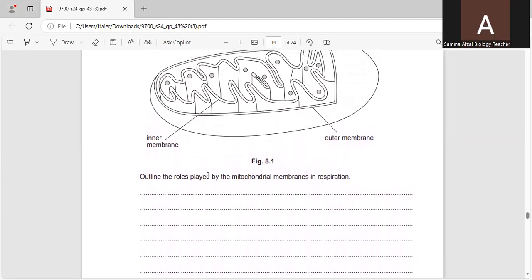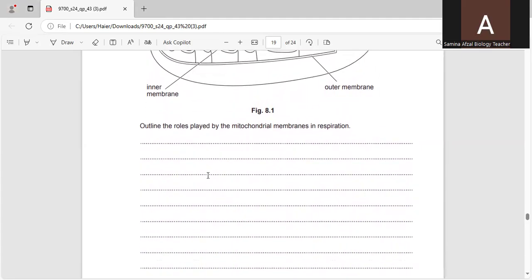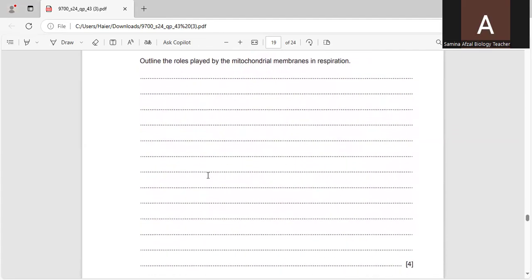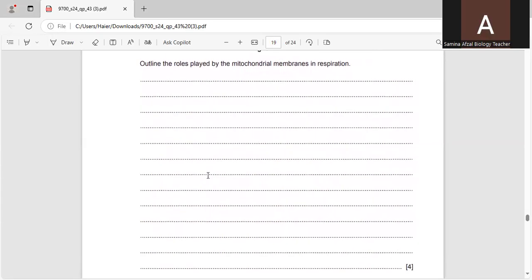So the outer membrane is smooth, whereas the inner membrane has many folds, which are called cristae. Now we have to write down the role played by the mitochondrial membranes in respiration. You know that the mitochondria are often referred to as the powerhouse of the cell.